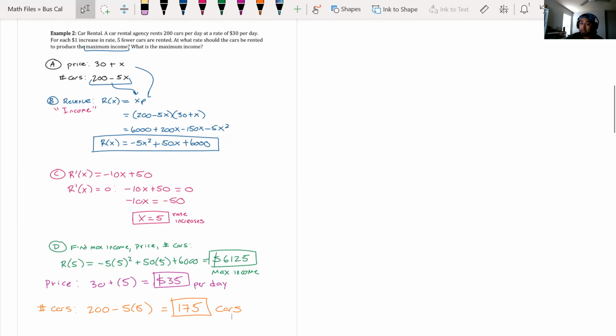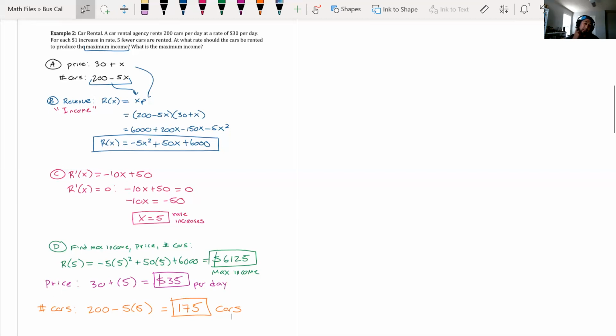If you're increasing the rate that your cars are being rented at, people are going to start to look for another rental company because they don't want to pay $35. They want to pay the $30. So if we can do a $5 increase, this means that we can still get away with renting out 175 cars. Oh, okay.